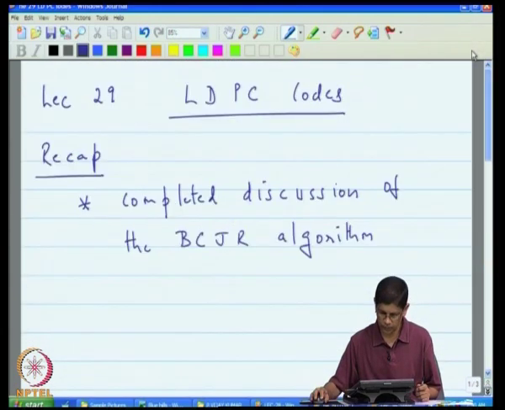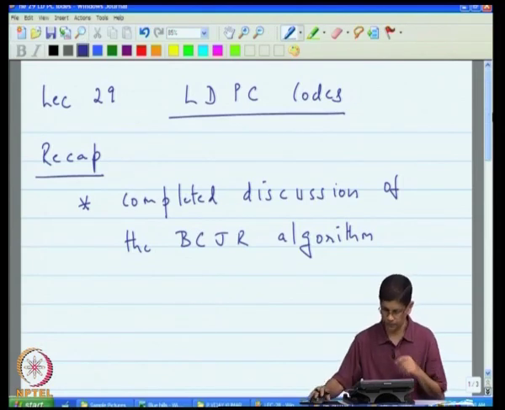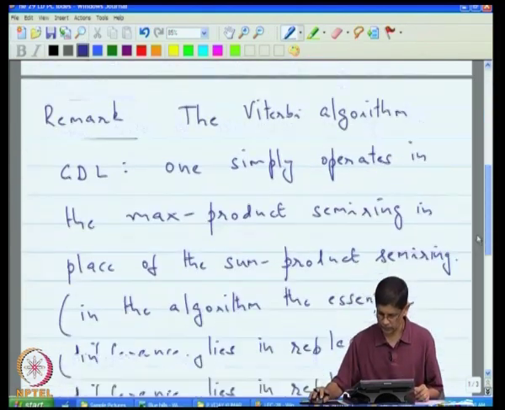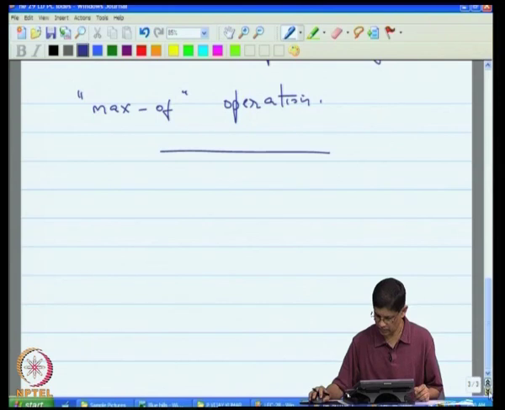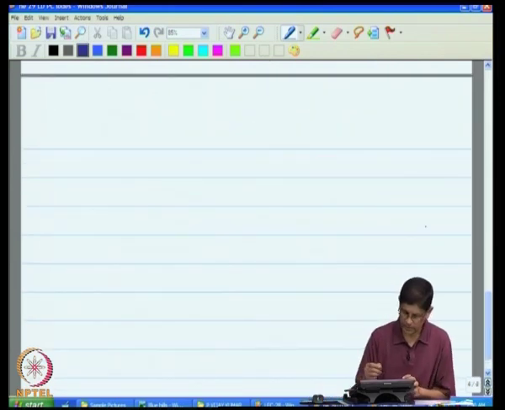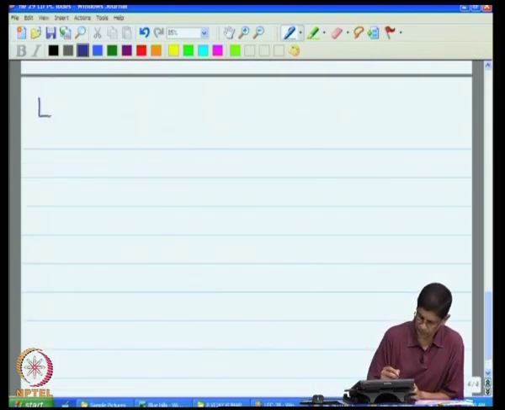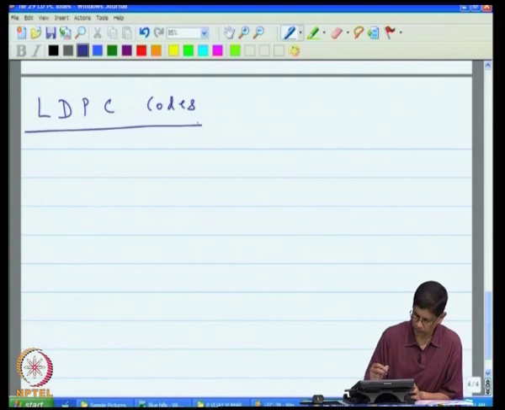So, our topic for today is LDPC codes. So, what does LDPC stand for? LDPC stands for low density parity check.